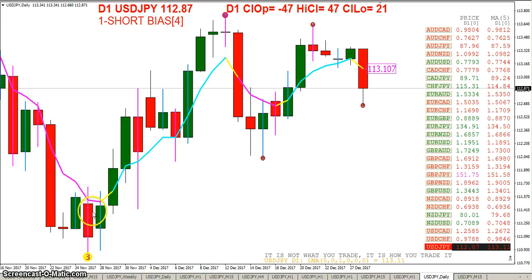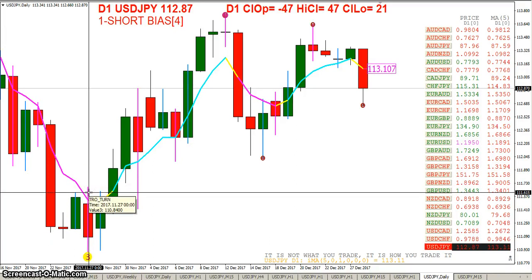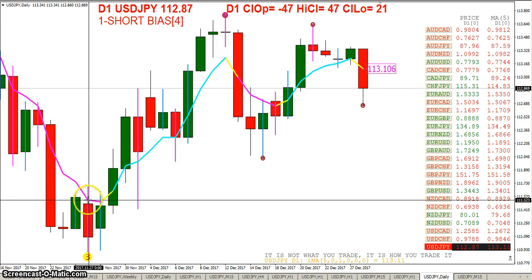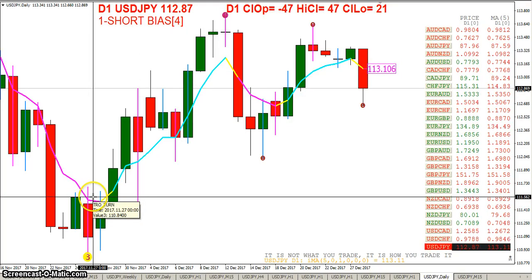So if we widen this out, you can see right here, you've got a red, green, right there. If you took that trigger, and then it came back down, you probably want to stop out right about there.